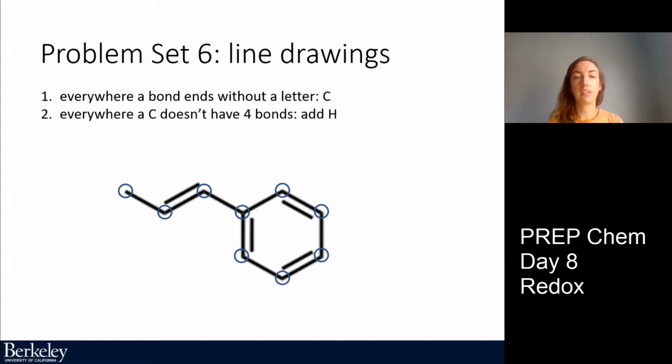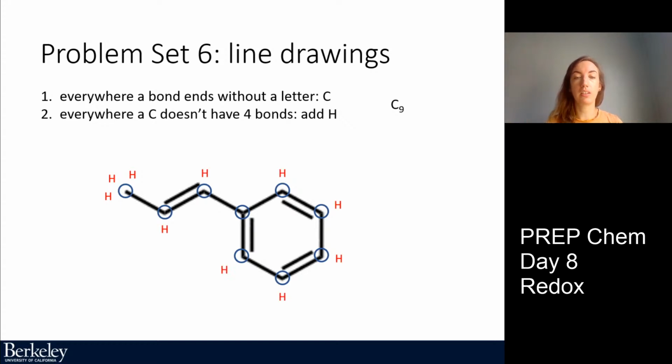So everywhere that a bond ends, so I've circled everywhere bonds end, that's a carbon. So that means that there are 9 carbons. So this molecule is going to start with C9. And then we need to figure out how many hydrogens there are going to be. So this carbon on the end only has 1 bond coming to it. So it needs 3 more hydrogens.